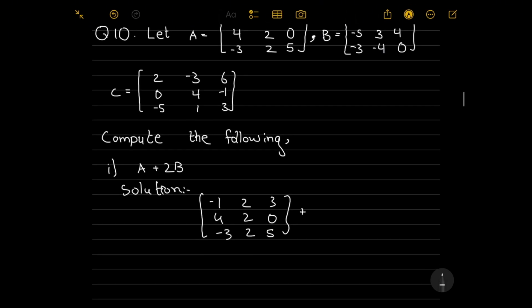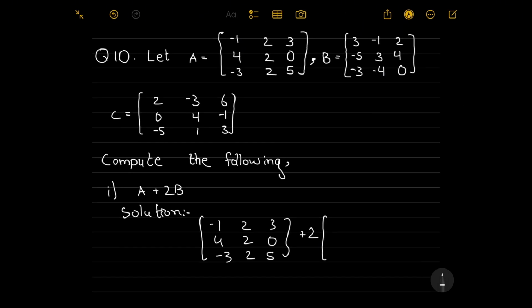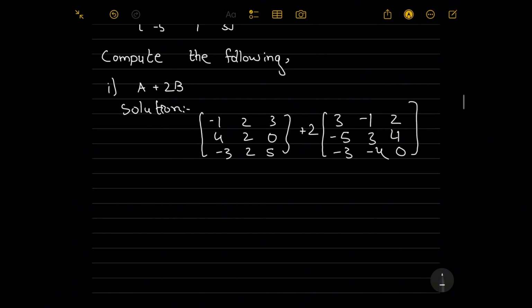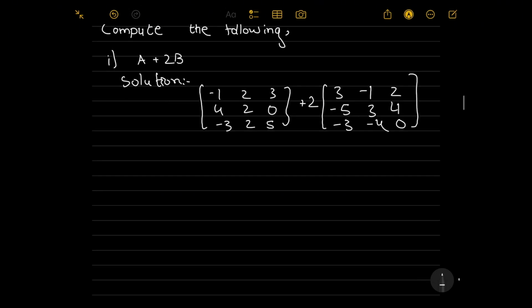So plus 2 is multiplied with B. So B is 3, minus 1, 2, minus 5, 3, 4, minus 3, minus 4, and 0. Firstly we're gonna multiply this 2 with all the elements of B.